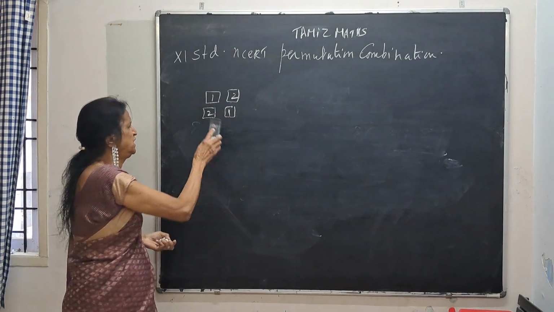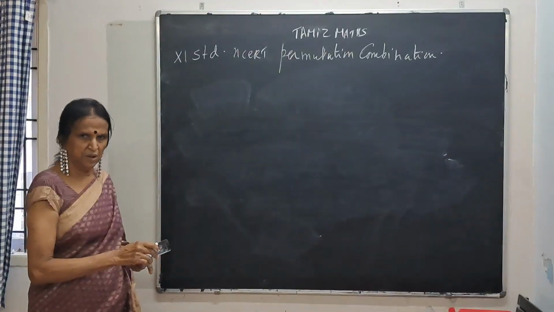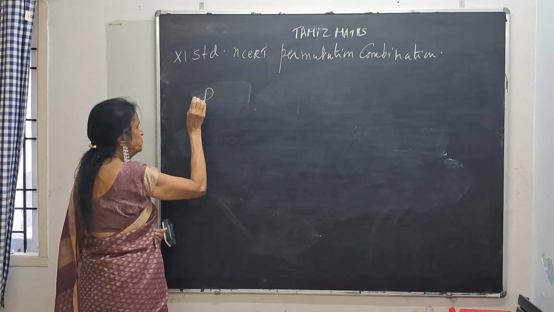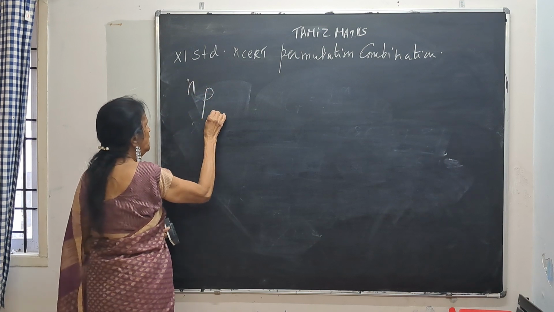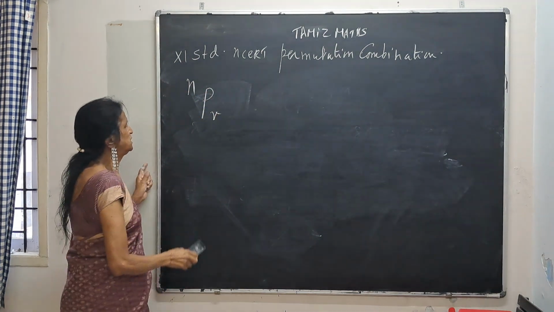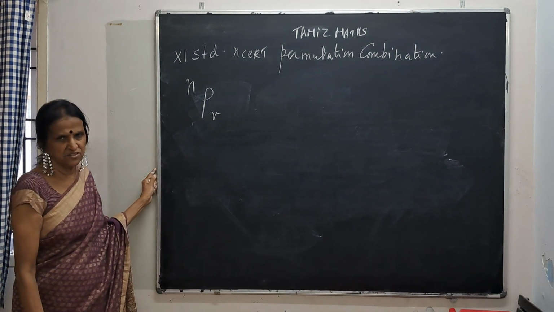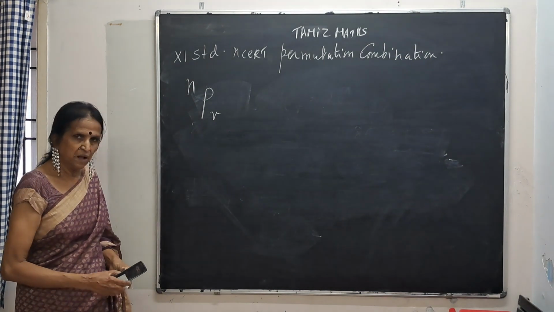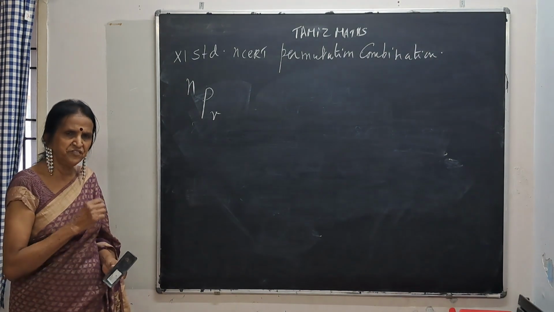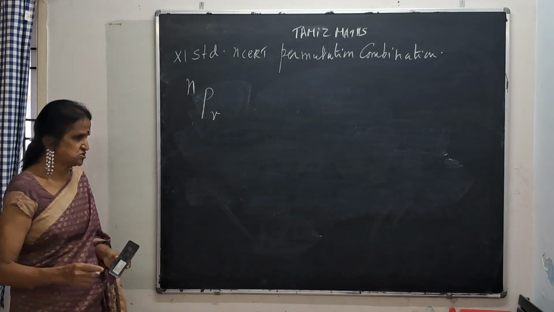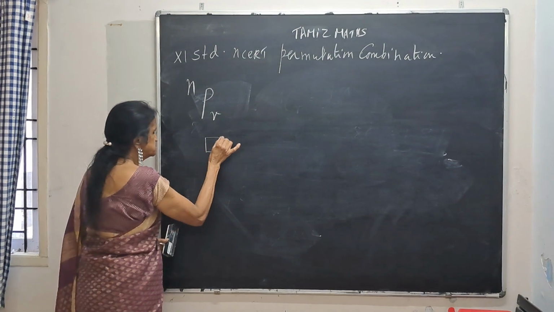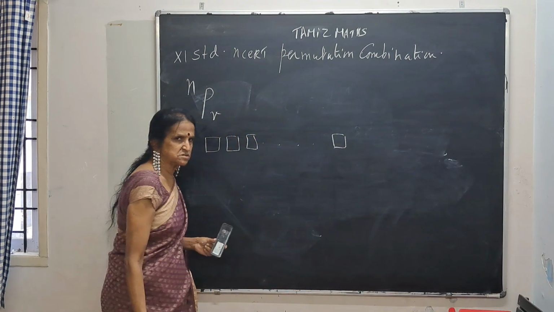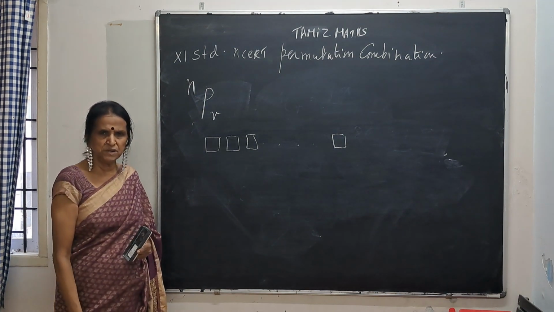Now, how will you permute, nPr? How will you permute r things out of n different things? Permuting r things out of n different things is as good as I have r boxes, and I have n different things with me.